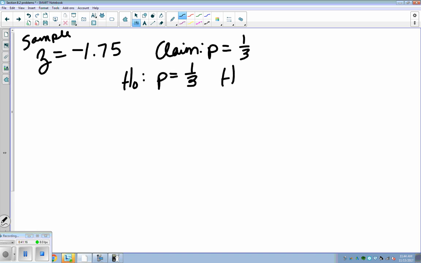What's my alternative hypothesis? Okay, alpha at 0.05. Is this going to be a one-tailed or a two-tailed test? Two-tailed test.